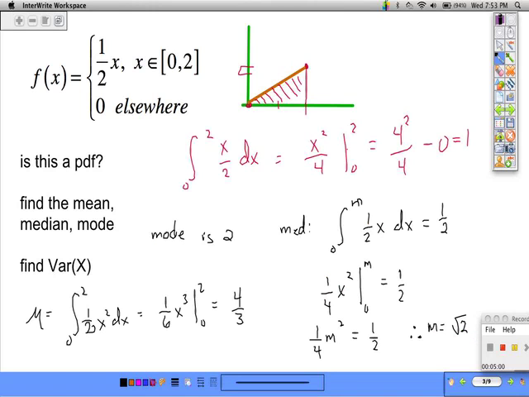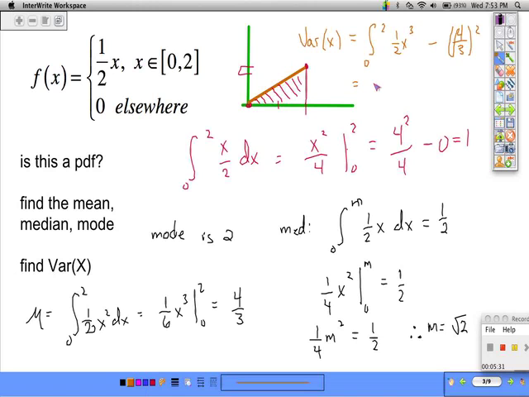The last thing that we need to find here is the variance. And that was equal to the integral from 0 to 2 of x squared f of x minus the mean squared. So 1/2 x cubed, that's x squared f of x, minus the mean squared. So minus 4/3 squared.